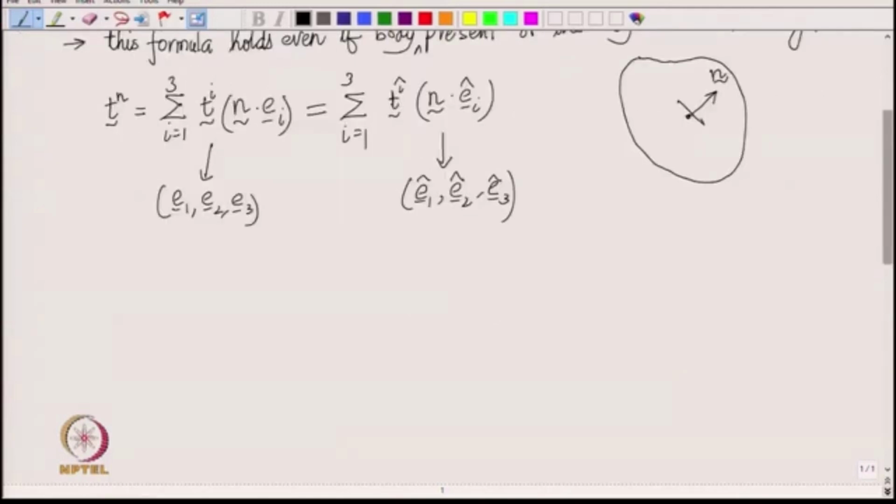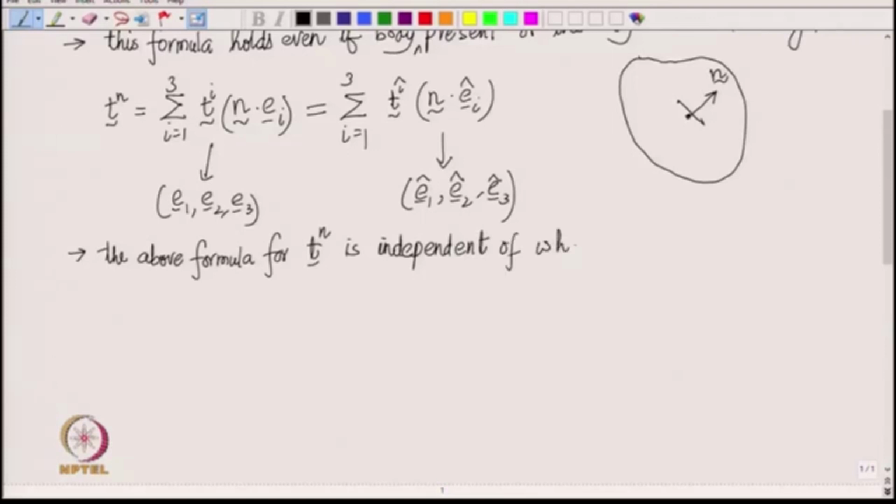Okay, so let me write this down also: the above formula for Tn is independent of what three planes were used.